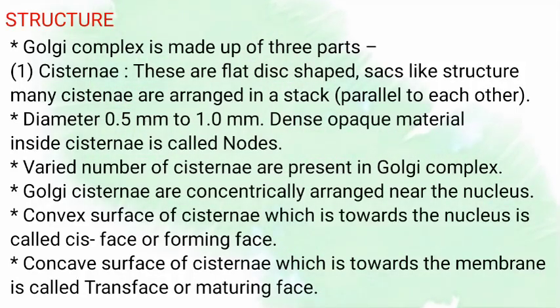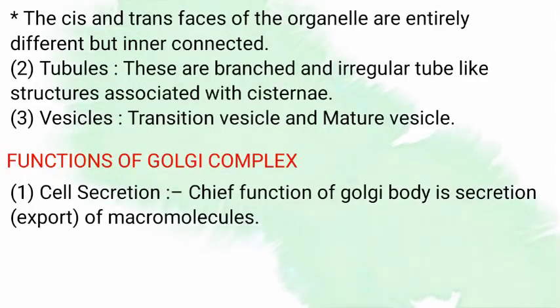The convex surface is called cis phase or forming phase, and the concave surface is called trans phase or matured phase. The cis and trans phases of the organelle are entirely different but interconnected.